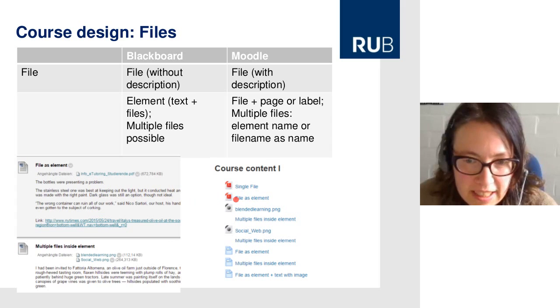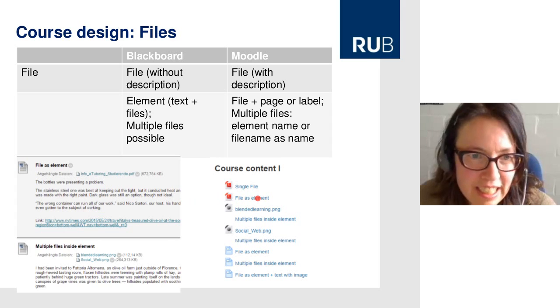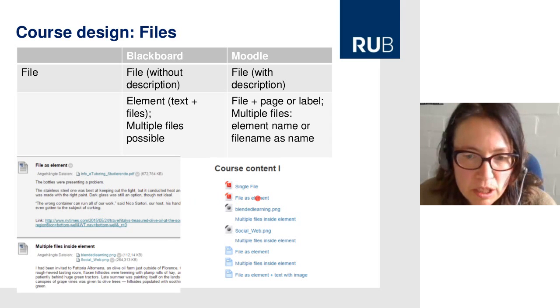And where's the text? We decided to do it the following way, as you cannot put it in the file element in Moodle. You only have two possibilities. You can choose a page or a label.